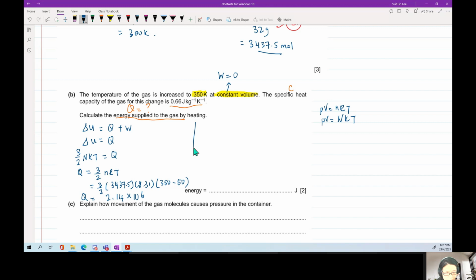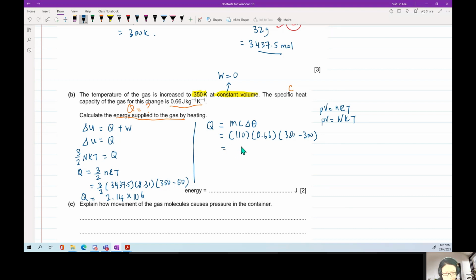Lots of energy. But you didn't use this specific heat capacity. So on the other hand, you are wondering, can I use mc delta theta? So we have 110 kg of gas. This c is 0.66. The change in temperature is 350 minus 300 Kelvin.